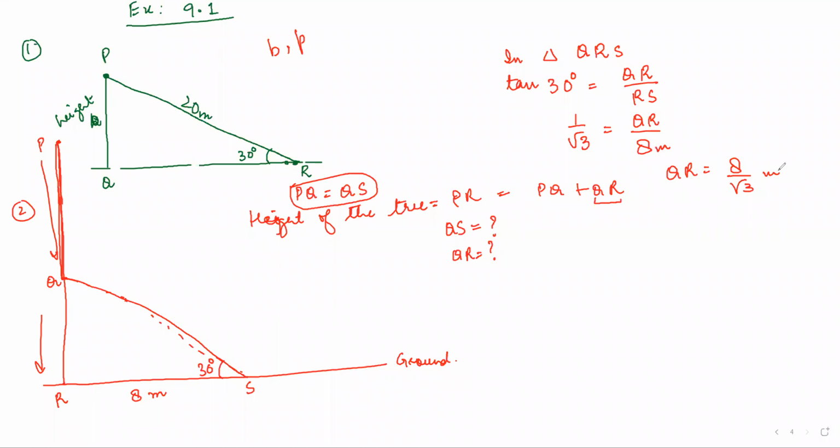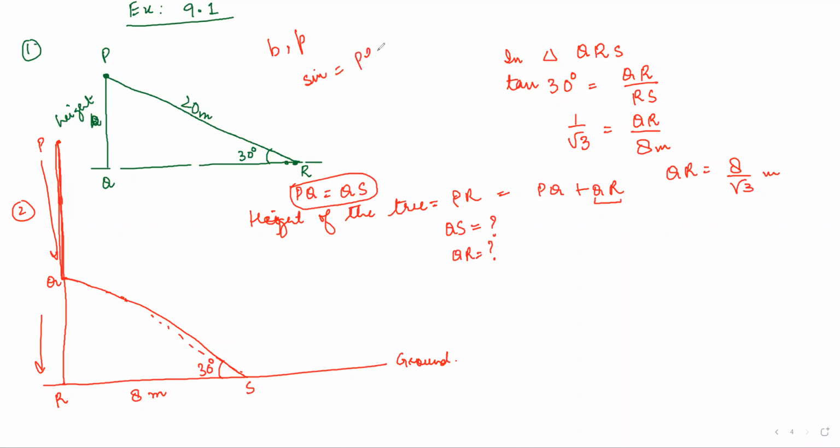Now I want to find the value of QS also. Hypotenuse I want to find, right? QS is the hypotenuse. So which trigonometric ratio has hypotenuse in it? Sine.